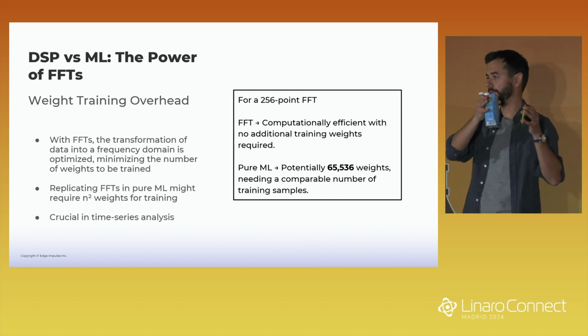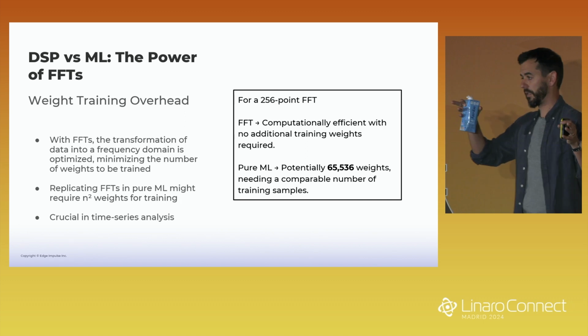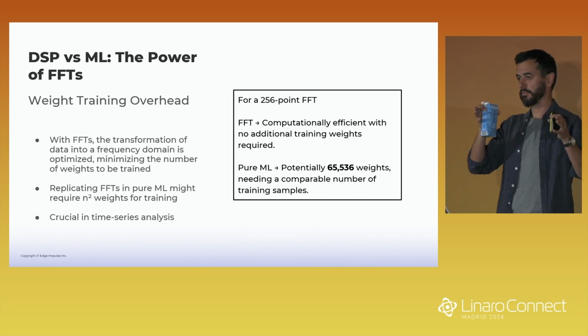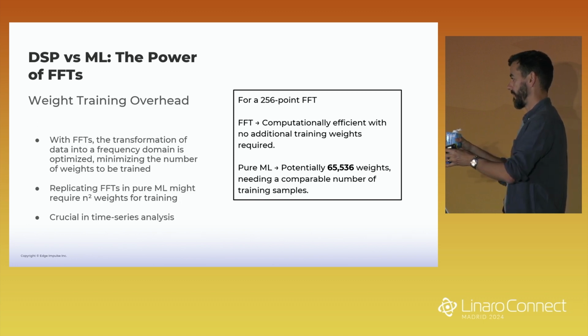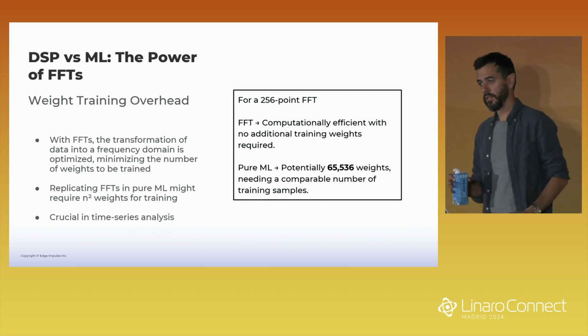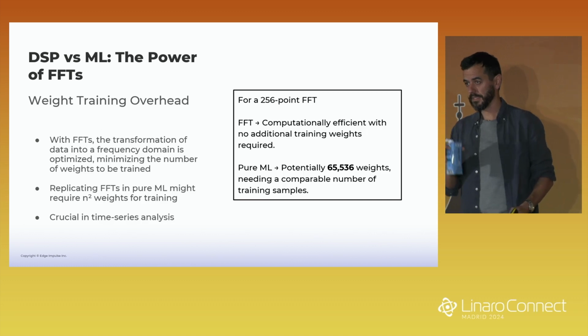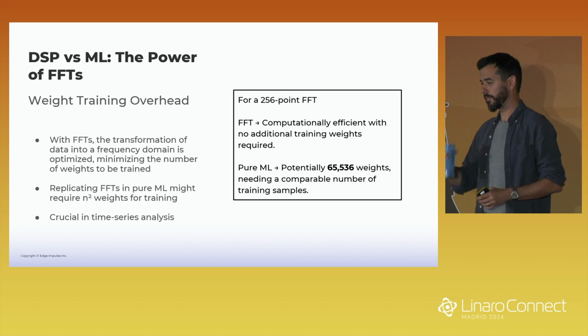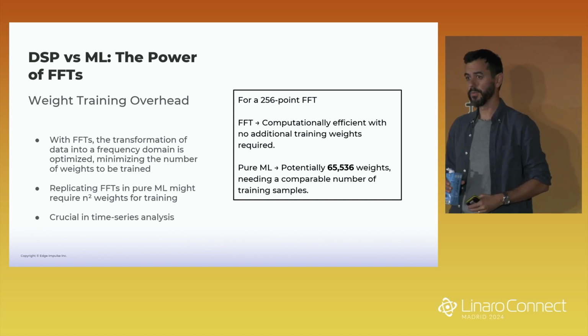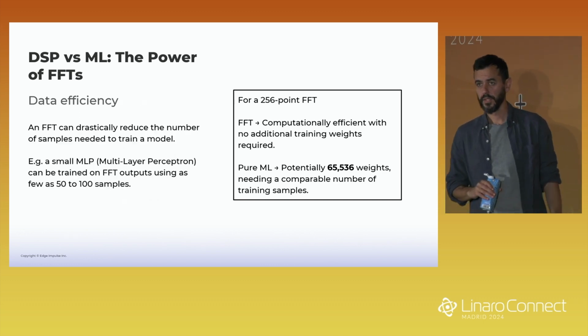So for a 256-point FFT, which is an average FFT, you don't need additional training weights later on in the neural network. With pure ML, you would need 65,000 weights that the neural network has to go through, spending more memory, doing more processing, etc.